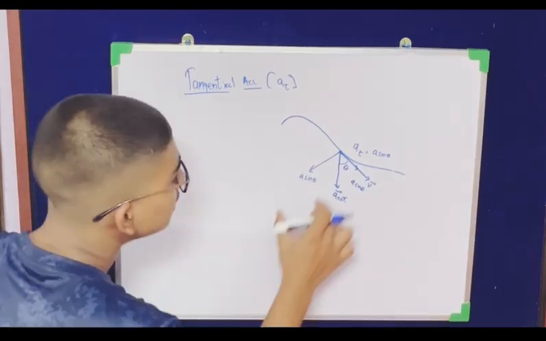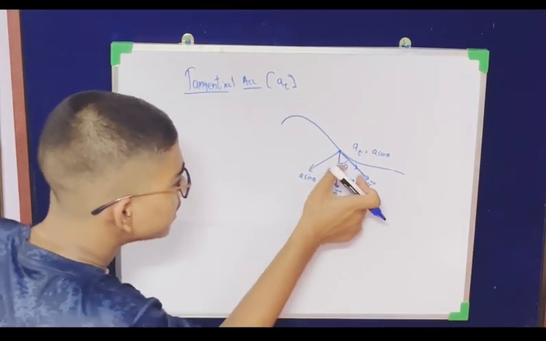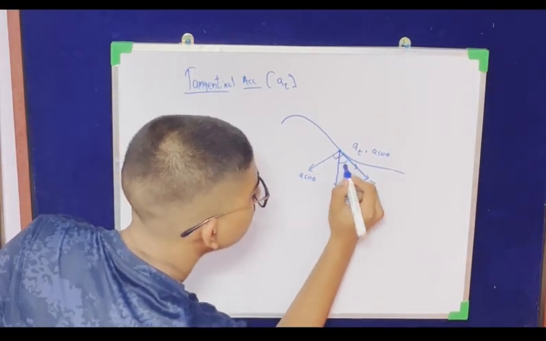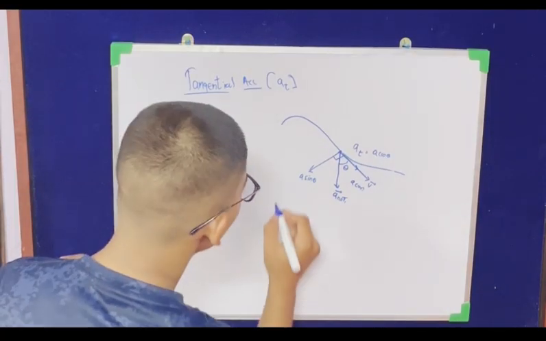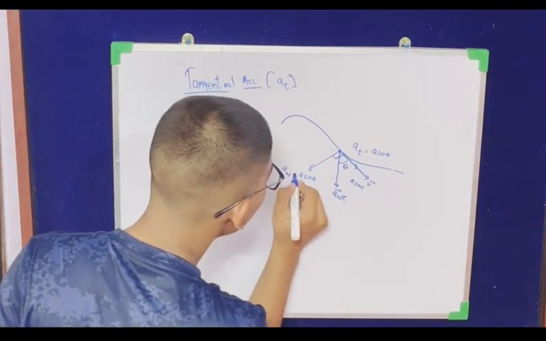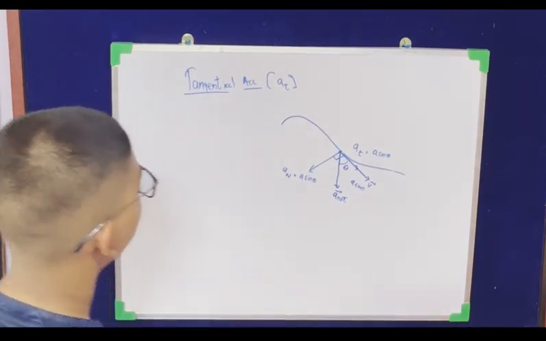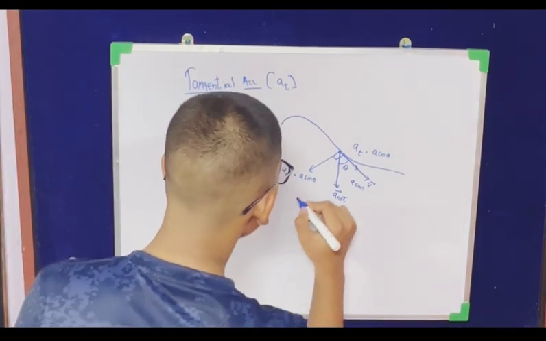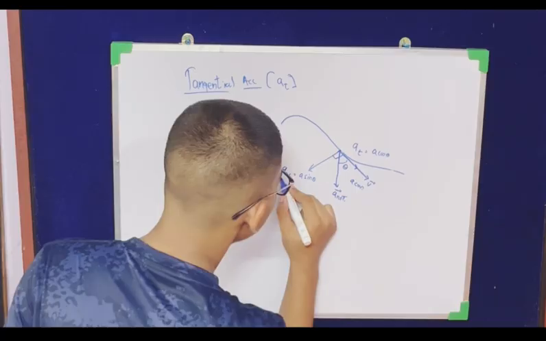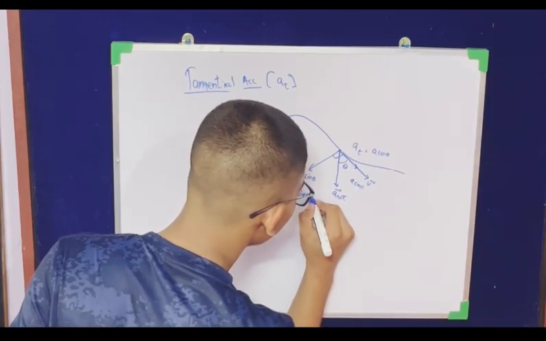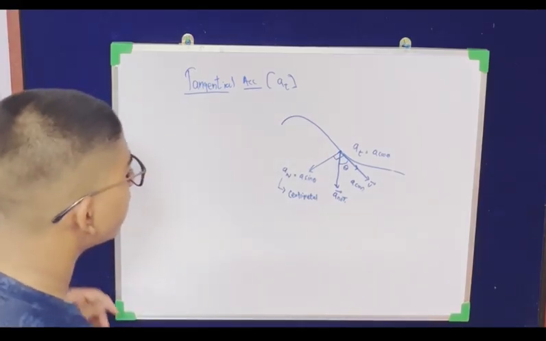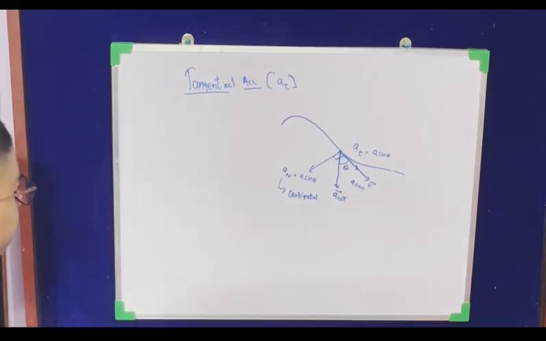And as the other is normal, it makes a perpendicular to the velocity. So we can say that this is normal acceleration, which is denoted by an, and it is also known as centripetal acceleration, which we'll learn in the dynamics part.